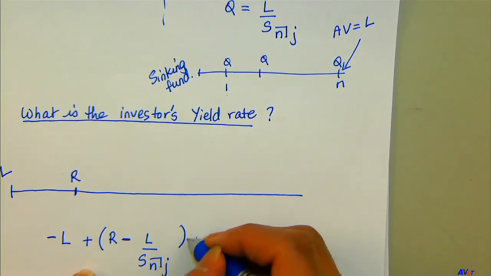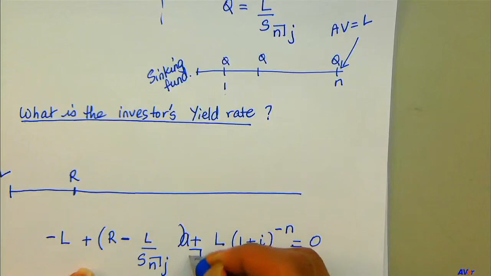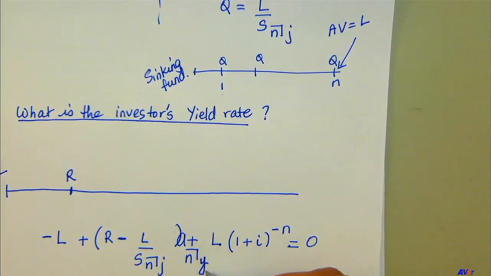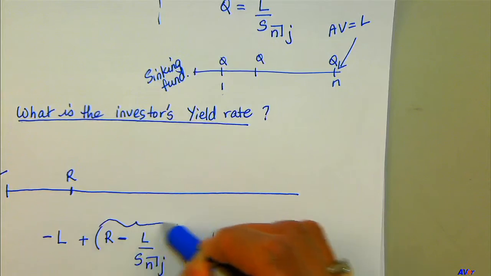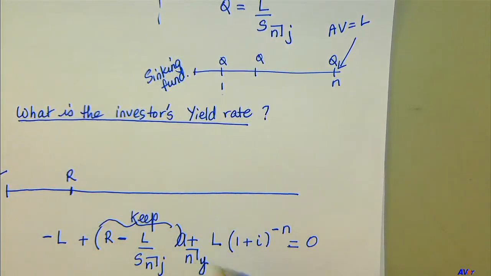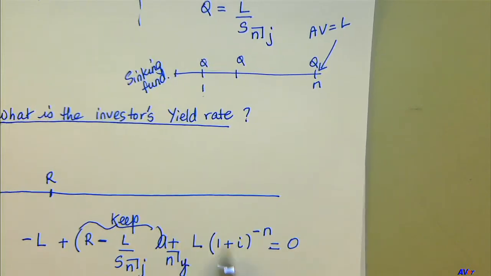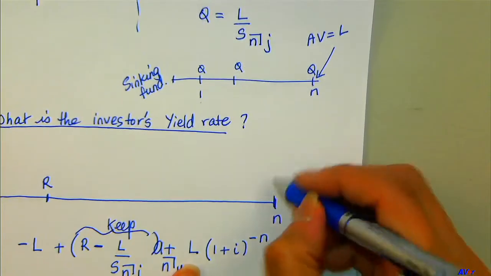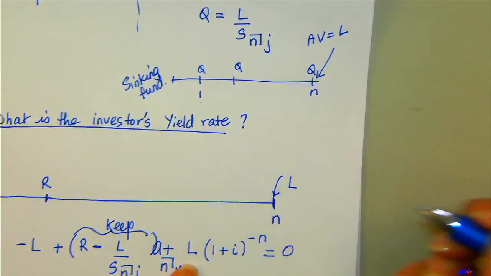So there should be an a angle N at rate i, or Y for yield rate, term here, because this amount that they get to keep is coming back many, many times as an annuity at some yield rate Y that I'm looking for, plus at the end of the term at time N, the bank is going to get L back from the sinking fund.